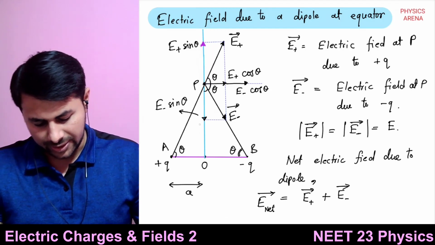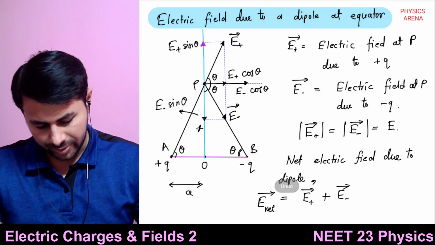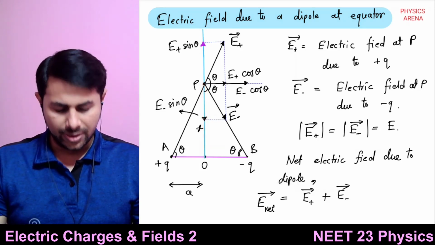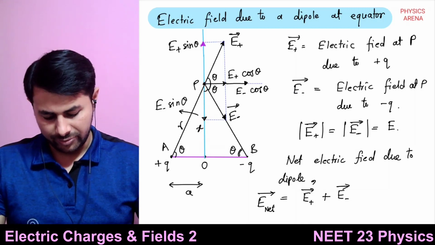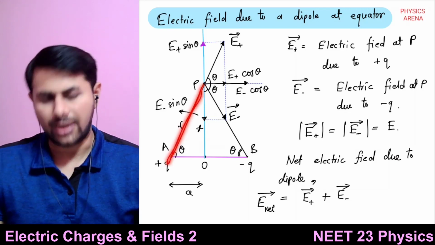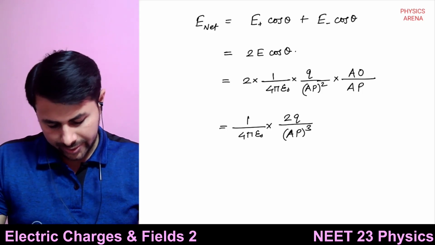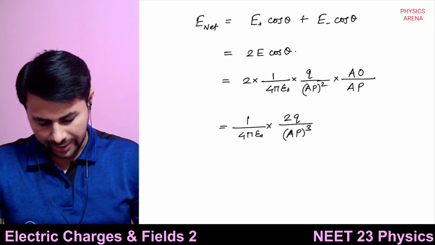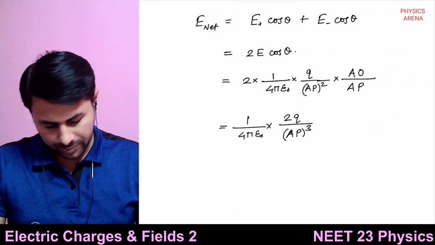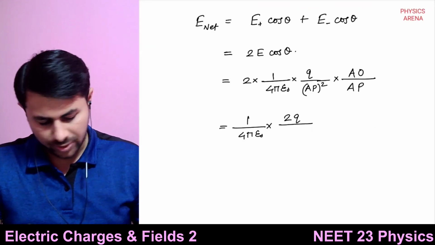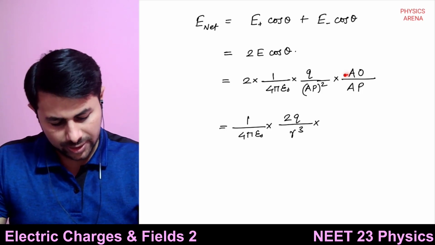Let us call the distance of point P from the center of the dipole x, and let's call the distance AP as r. I will put r in place of AP, so this is r cube multiplied by distance AO.